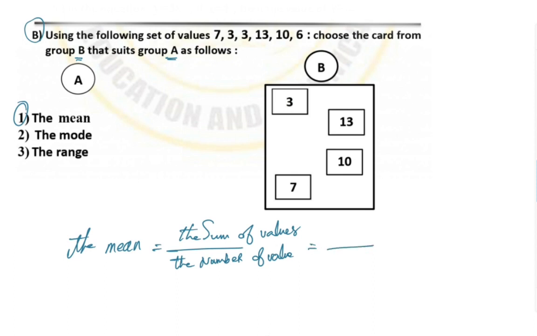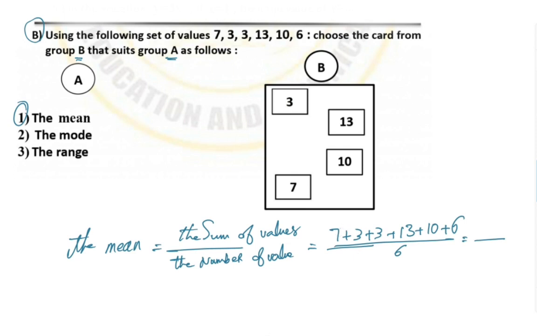Okay. Now the sum of values, please add these values. We have 7 plus 3 plus 3 plus 13 plus 10 plus 6 over what? Over 1, 2, 3, 4, 5, 6. Okay, now that's equal what?